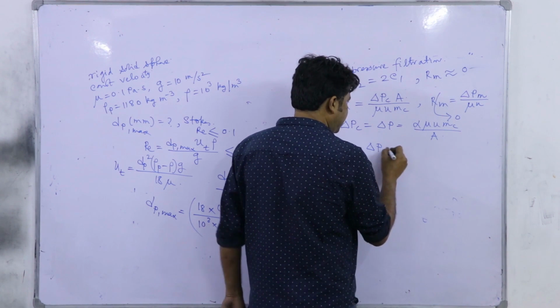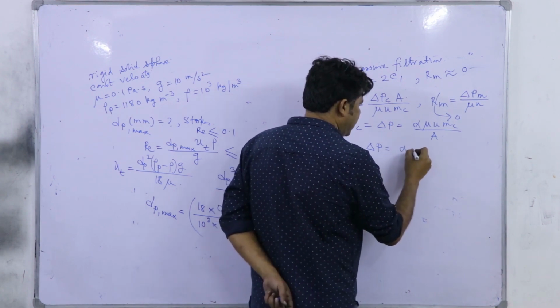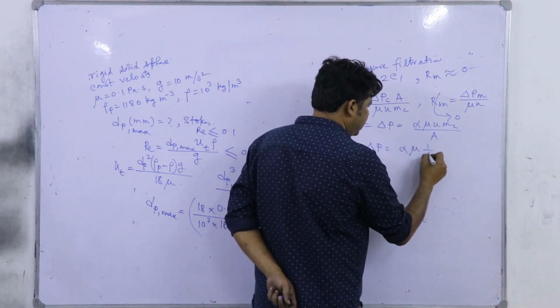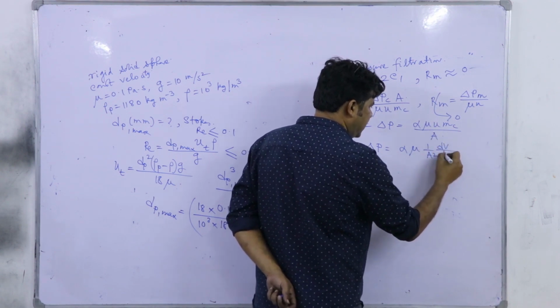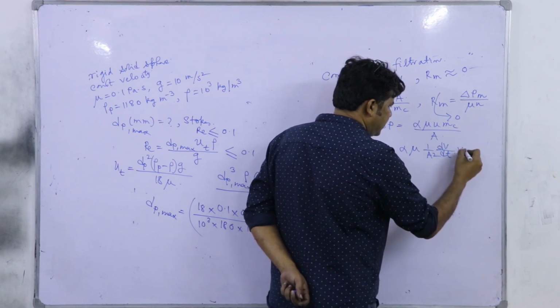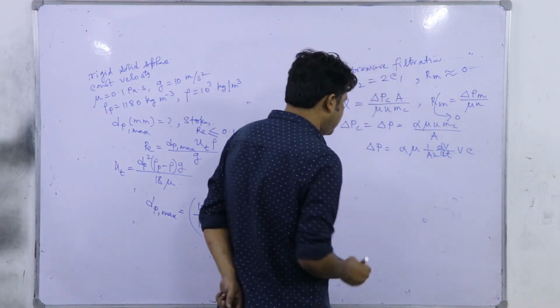So delta P is alpha mu, this is 1 by A square because there is an A, into dV/dt into MC, which is V into C, right?